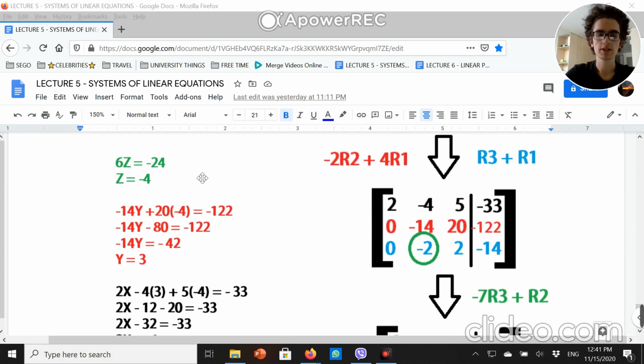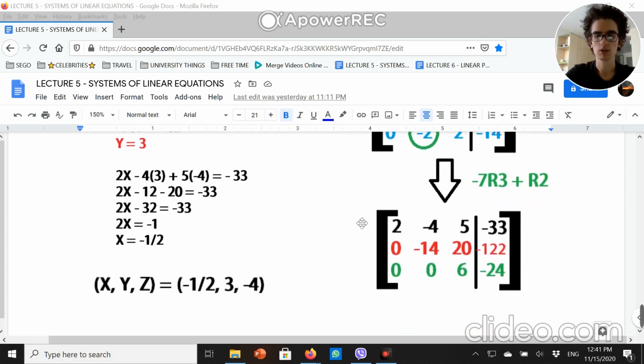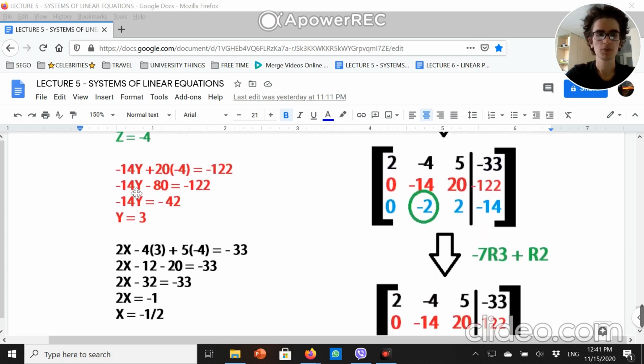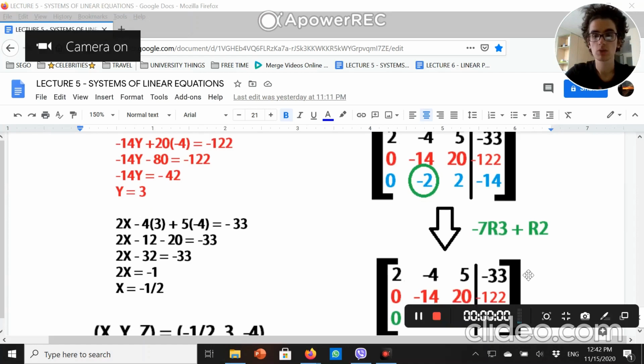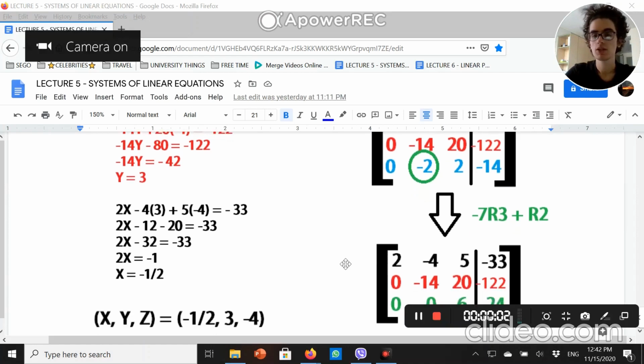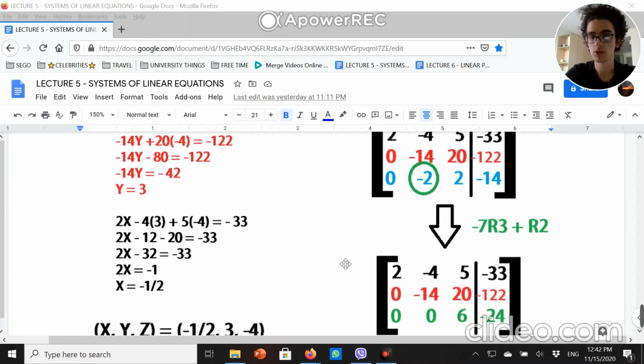We take this z and put it in the second equation so that we find the y value. So negative 14y plus 20 times negative 4 equals negative 22. And then we would get that negative 14y equals negative 42, which gives 3. So y equals 3. And then there is only one more value that we need to find, the value of x.